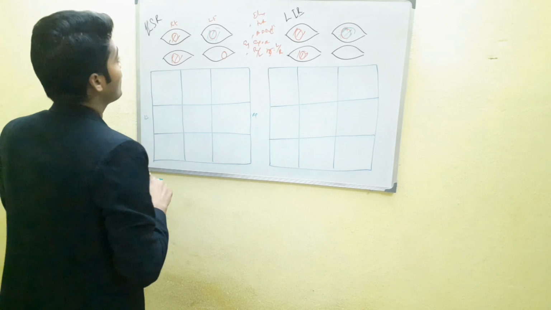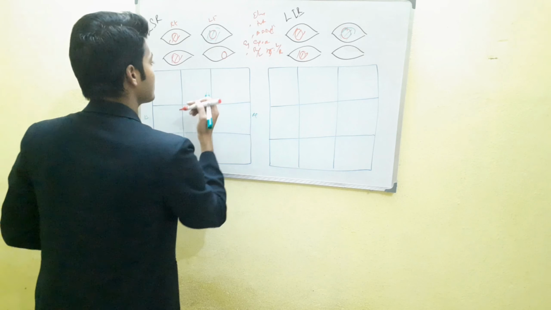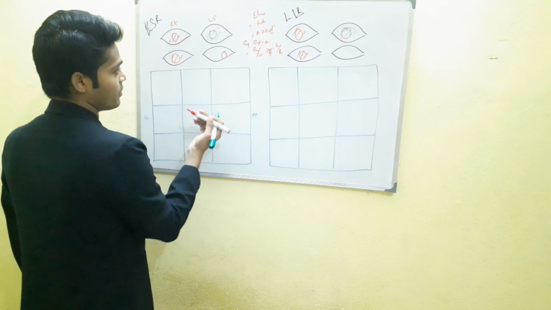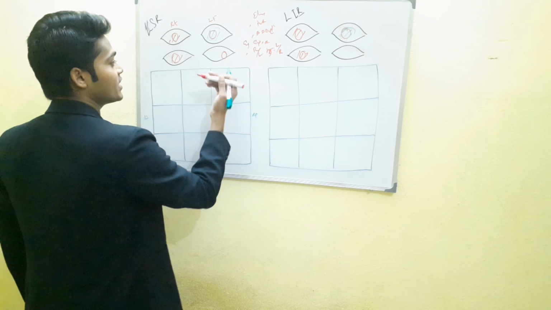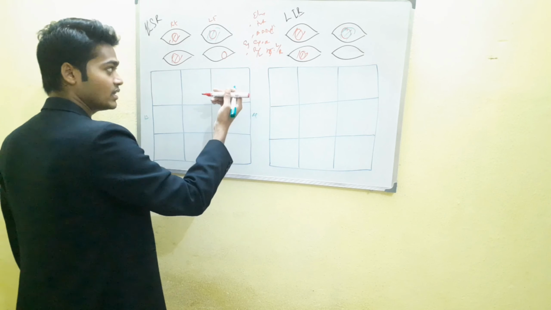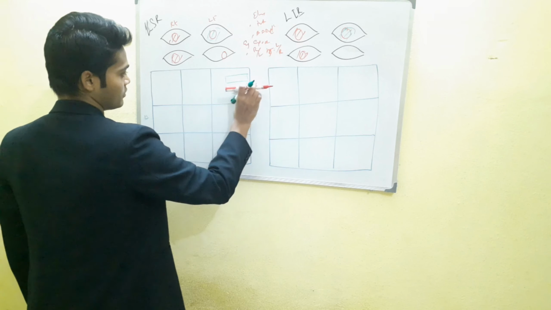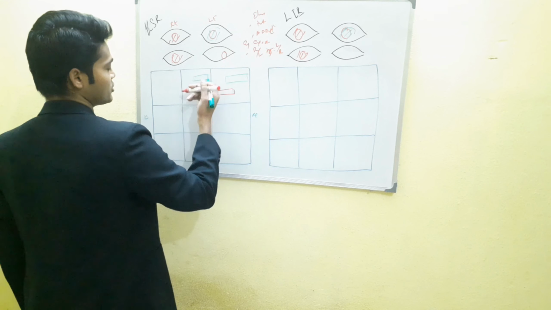Superior rectus means elevation, so maximum deviation is seen in the upper part, but the image is getting changed, meaning the right side image appears on the left side, and the left side image appears on the right side. The left side image is green, and it appears on the right side and above. Why? Because the right eye is already above the left eye, so this is going to happen.